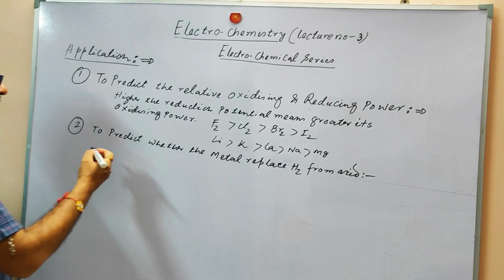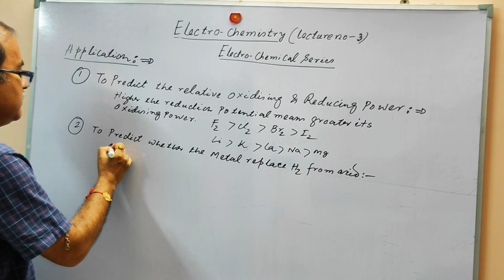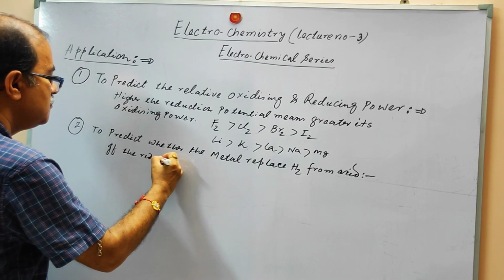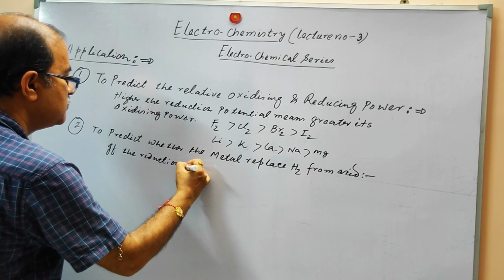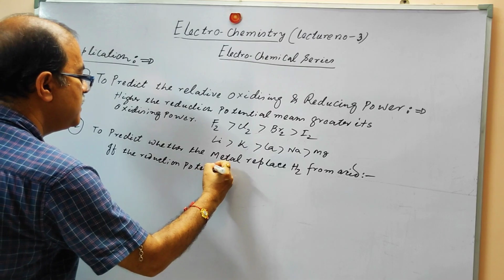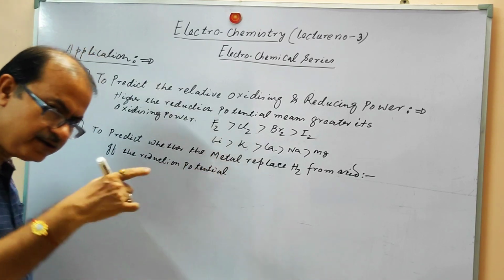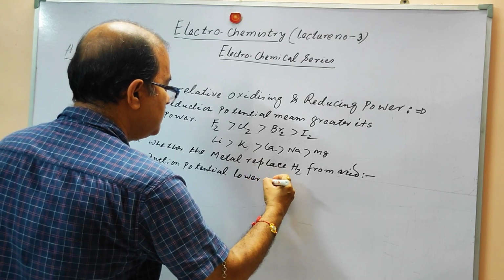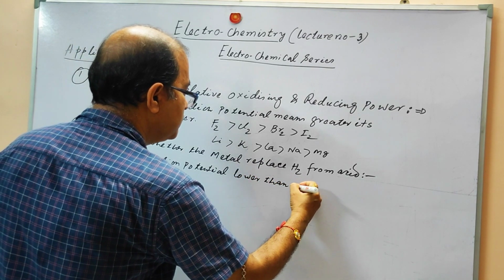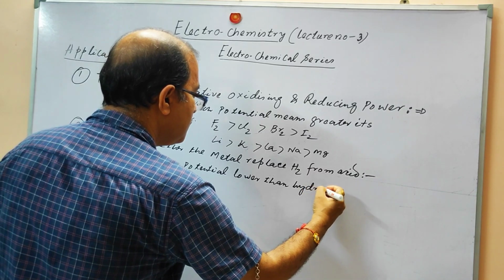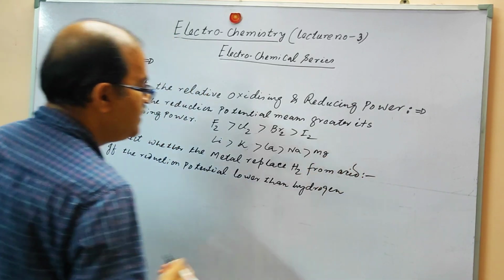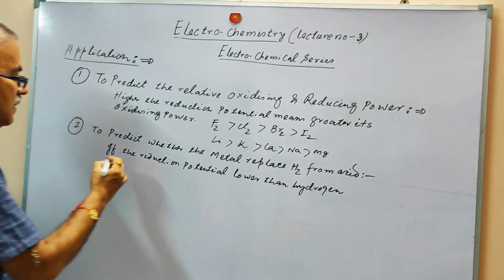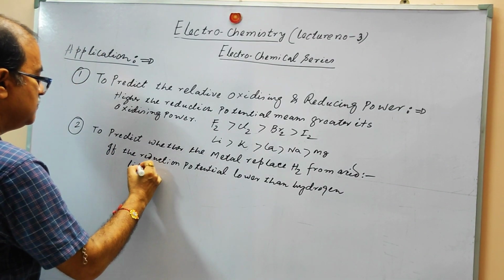If the reduction potential of the metal is lower than that of hydrogen, then it will react with the acid and it will liberate hydrogen gas.